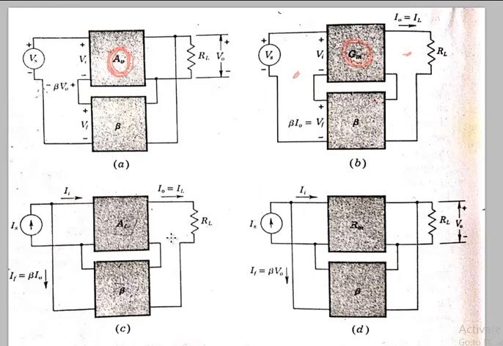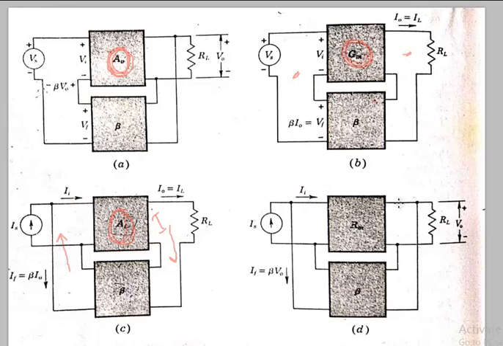Now guessing from the third figure, we see that we are taking current from the output and we are giving current mixing at the input, and taking current from the output and giving current at the input is facilitated by a current amplifier.